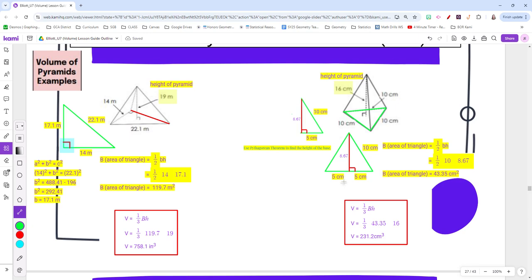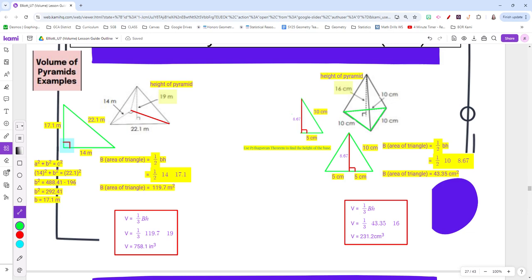Now, from here, we have to use the Pythagorean theorem to find the height, which is 8.67. So if we do 5 squared plus h squared equals 10 squared, that is going to give us 8.67 as our height. I then am going to find the area of that triangle. So we're going to multiply 1/2 times the base, which is 10, times the height, which is 8.67.